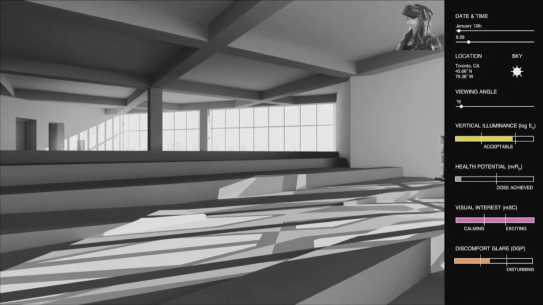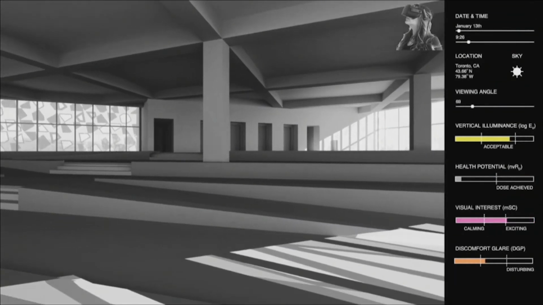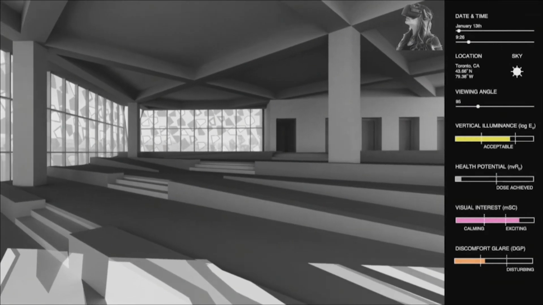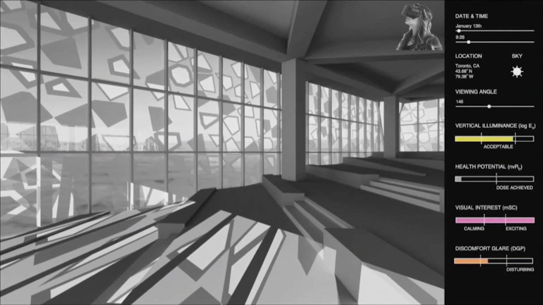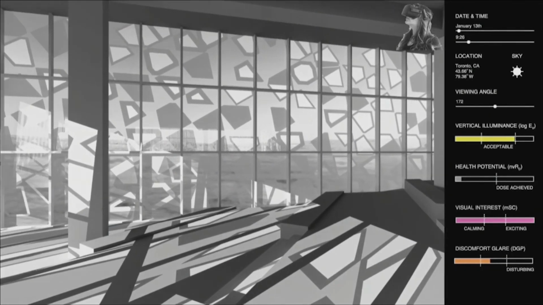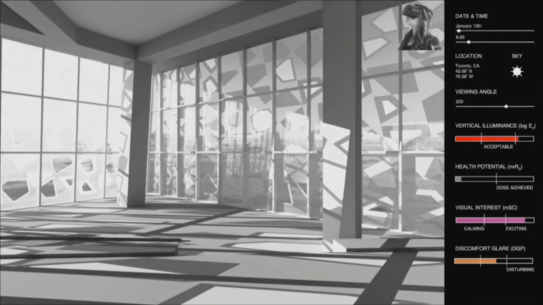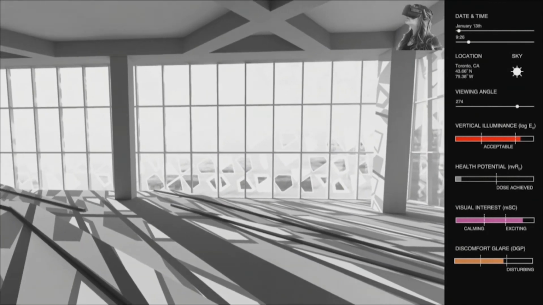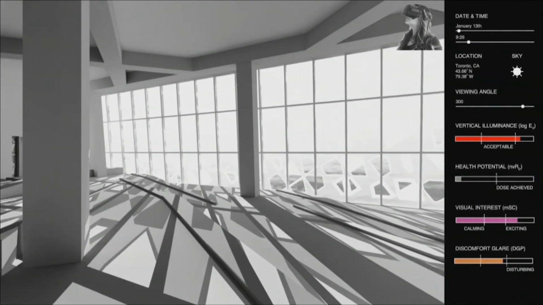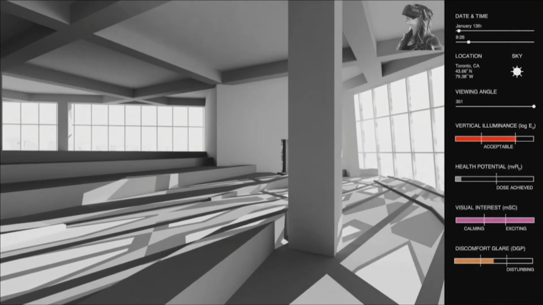And so if we look at how the scene would look if you were wearing these virtual reality glasses, we can see that visual interest is very high when you have a lot of contrast, and vertical illuminance is getting to almost unacceptable range, whereas discomfort glare is almost going to reach its maximum. So this is a way to really have this combination of performance analysis and experience of the space.